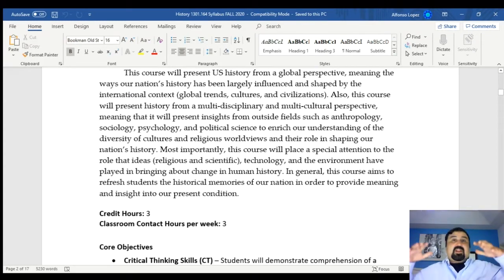Whether there were economic forces or intellectual forces or scientific ideas that were innovated in different parts of the world, they come to influence events in North America, in the colonies, that are going to create a new way of looking at the world, a new way of looking at politics, that is going to lead to change.